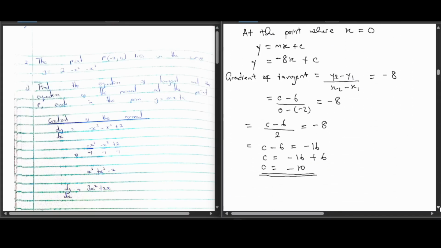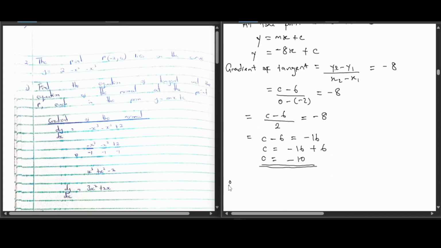Then we come back and say therefore the equation of tangent, like that. The equation of tangent is given by y is equal to the gradient, which is minus 8x, and what is c, minus 10.